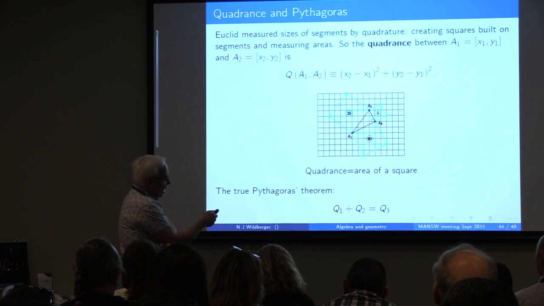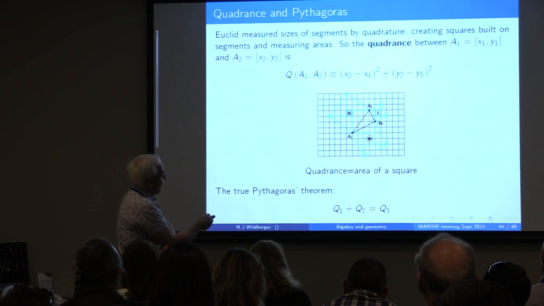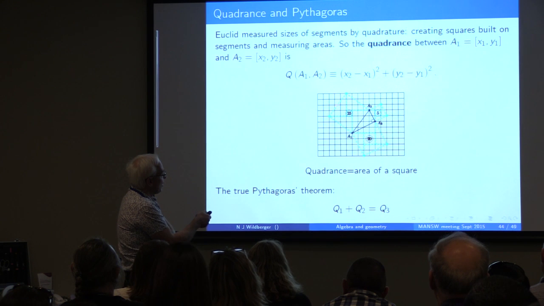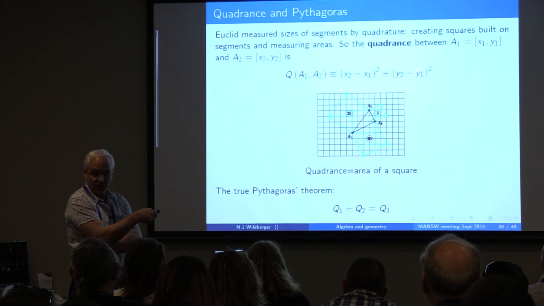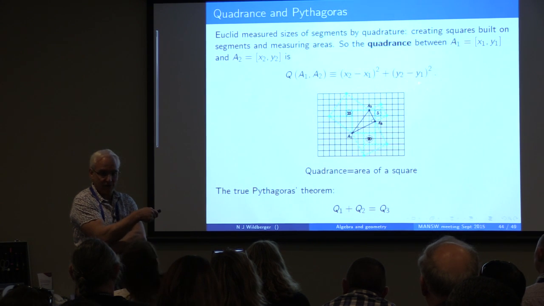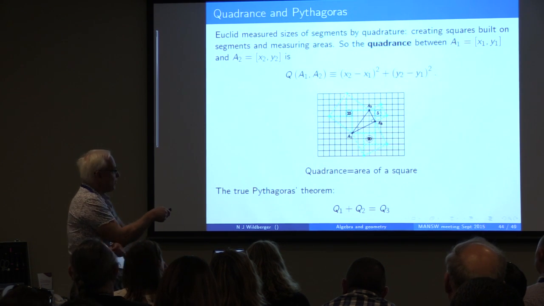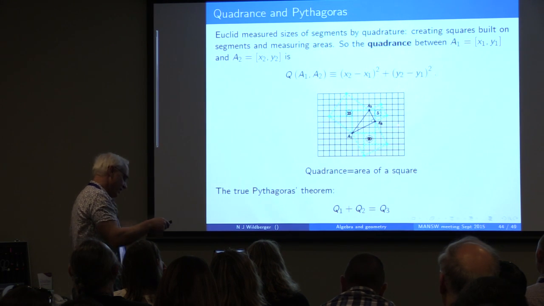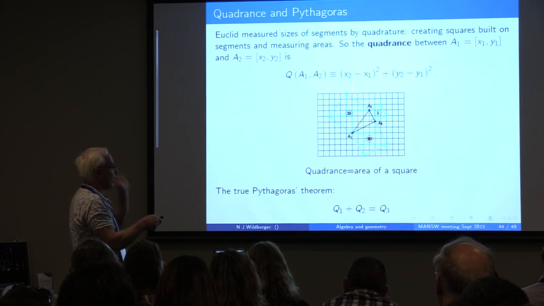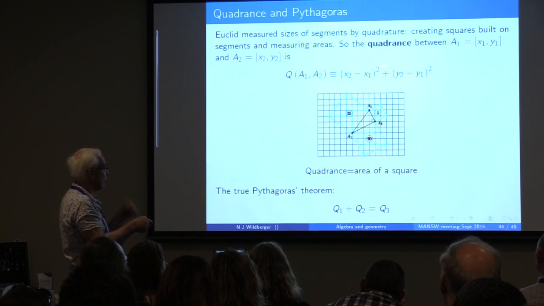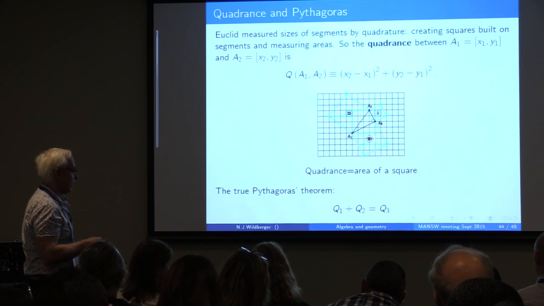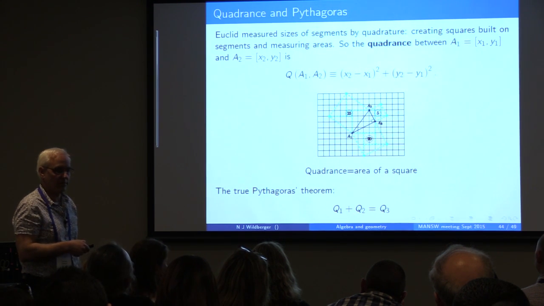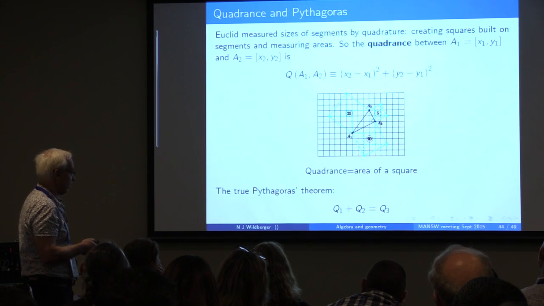So hidden behind the Euclidean point of view is the idea that this quantity, the quadrance between 2 points, which is the square of the distance, is actually more fundamental. In rational trigonometry, one forgets about distance and just focuses on quadrance. Here's the definition of the quadrance between 2 points. And then Pythagoras' theorem becomes this linear relation: Q1 plus Q2 equals Q3. That's more really like Euclid did.